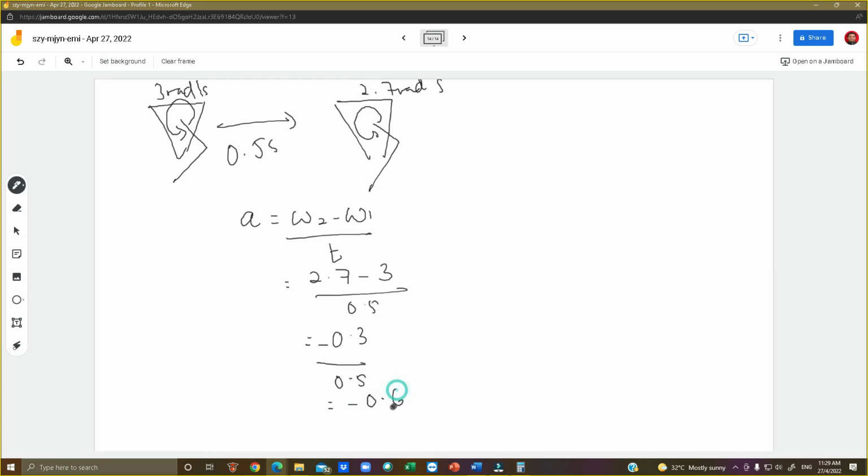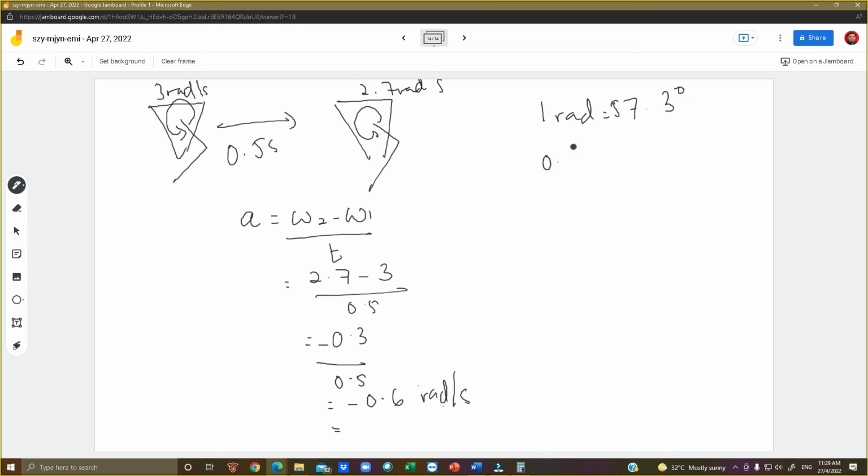Negatif 0.6 apa? Degree per second. So how many radian per second? Degree per second pula. Atas ni dah radian per second lah. How many degree per second? Kita kena tukar daripada degree pula. Okay, to convert radian to degree, 1 rad 57.3.